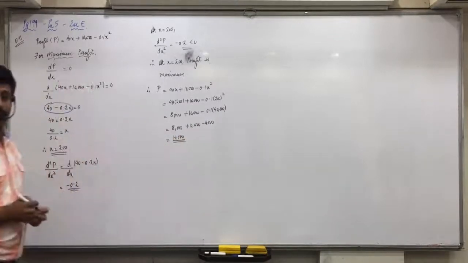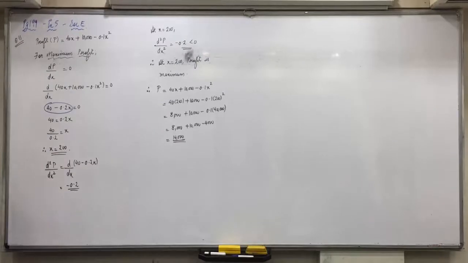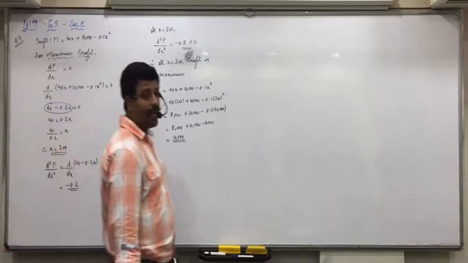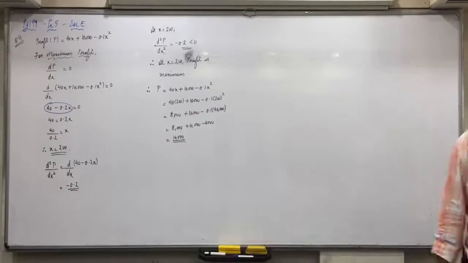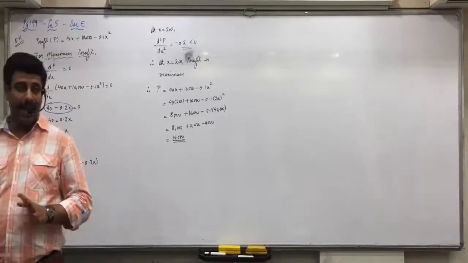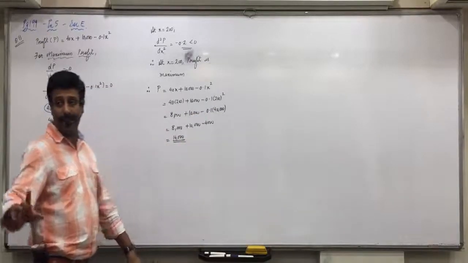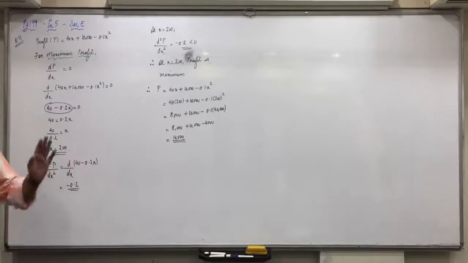The maximum profit would be 14,000. Did everyone understand this? So how to find maximum profit is also clear. Thus, profit will be maximum at 200 units and maximum profit is rupees 14,000.